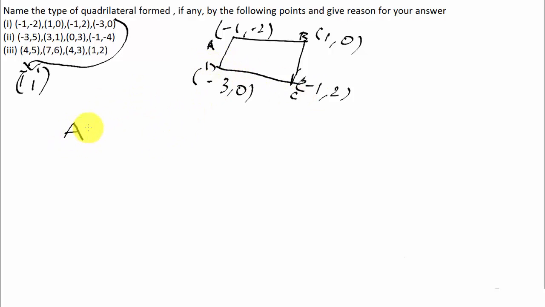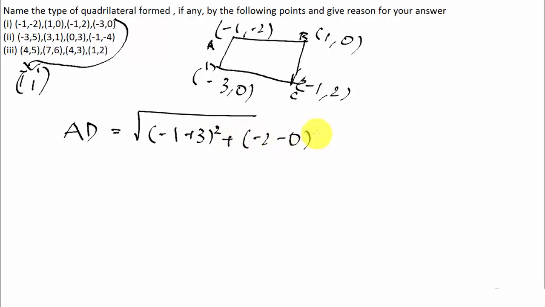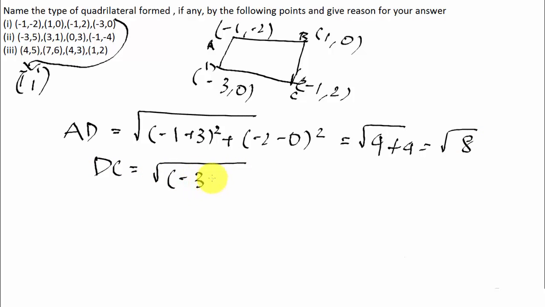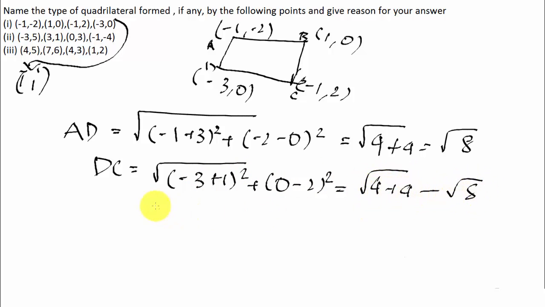Now let's try finding the distance AD. AD will be equal to the square root of minus 1 plus 3 whole square plus minus 2 minus 0 whole square, which is equal to 4 plus 4, which is root 8. DC is equal to the square root of minus 3 plus 1 whole square plus 0 minus 2 whole square, which is 4 plus 4, equal to root 8.